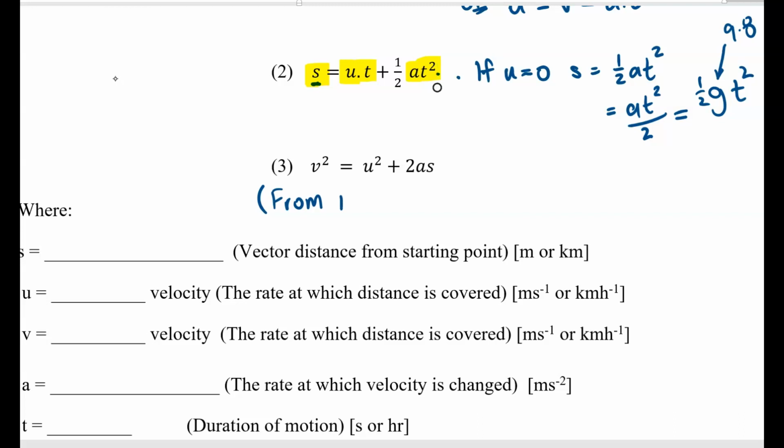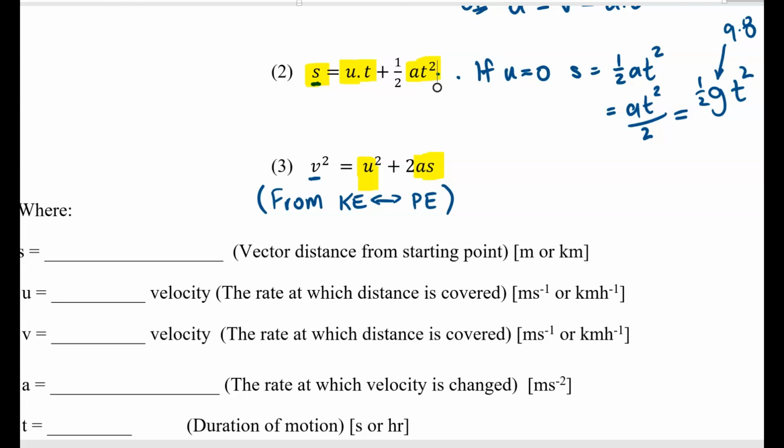It's from the fact that kinetic energy and potential energy are interchangeable, and the amount of energy remains constant in the system. So V squared is U squared plus 2AS. V is our final, U is our initial, A is our acceleration, and again, we can change it for G if we want. And S is our displacement.